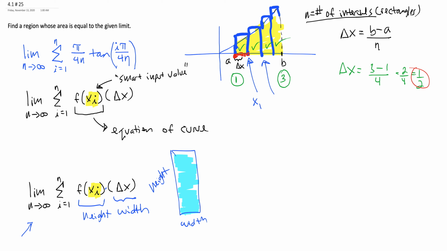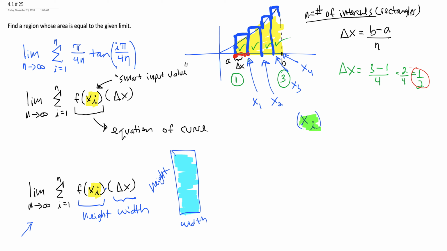This x value would be x2. This guy would be x3. And that guy right there would be x4. They're collectively represented by the notation x sub i. So i could be any integer, and this x sub i is the generic way of representing all of these right side rectangles.